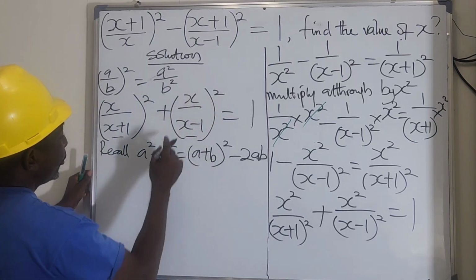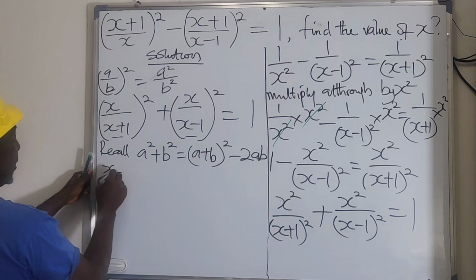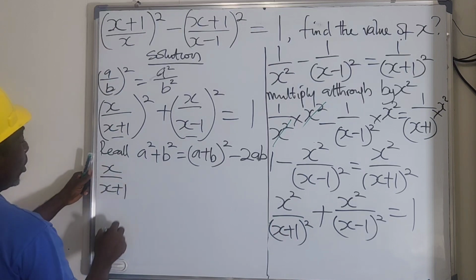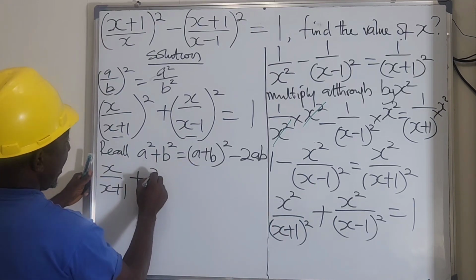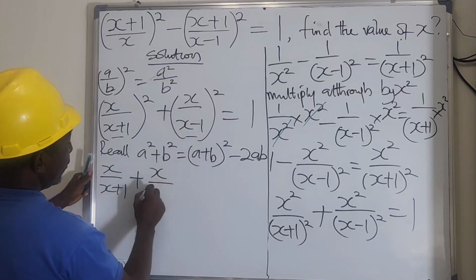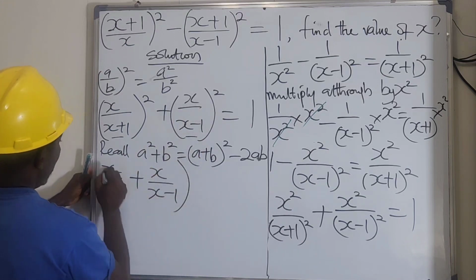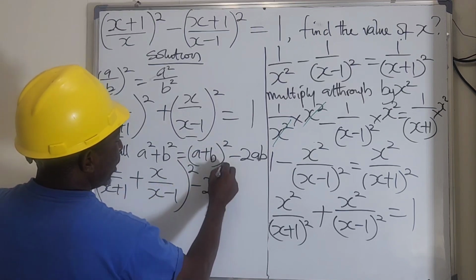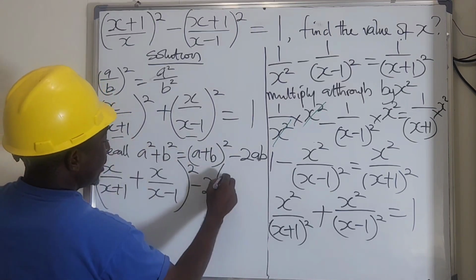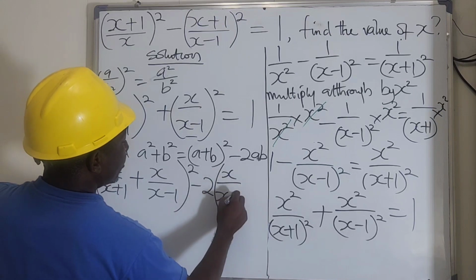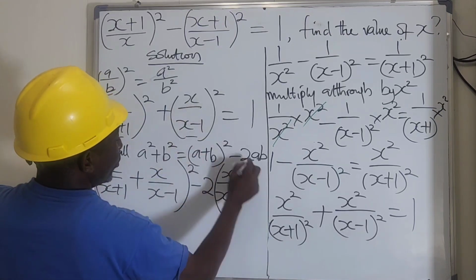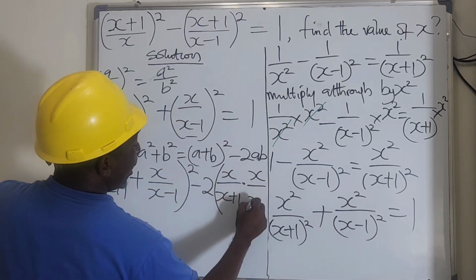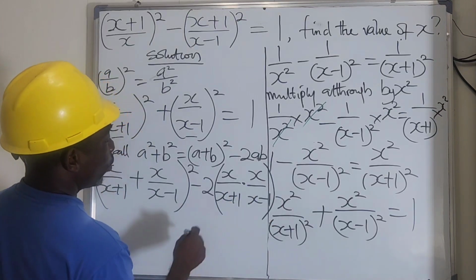So this will become x all over x plus 1, that is a, plus x all over x minus 1, that is b, all raised to the power of 2. That's what we have here, minus 2 times a, which is x all over x plus 1, times b, which is x all over x minus 1. So that is what we have.